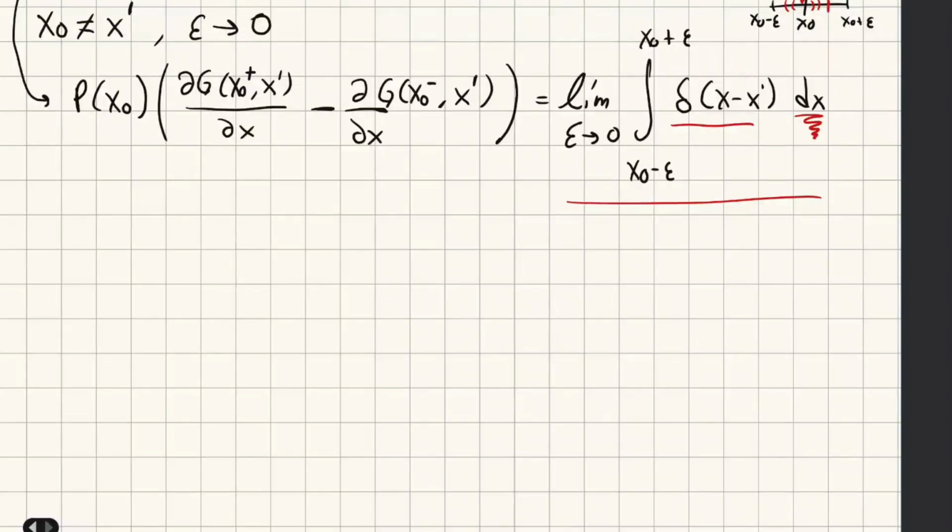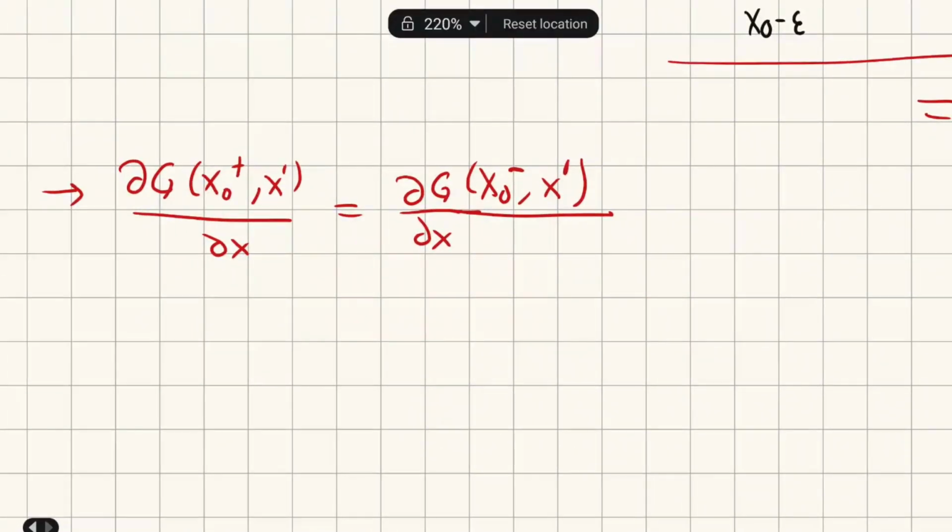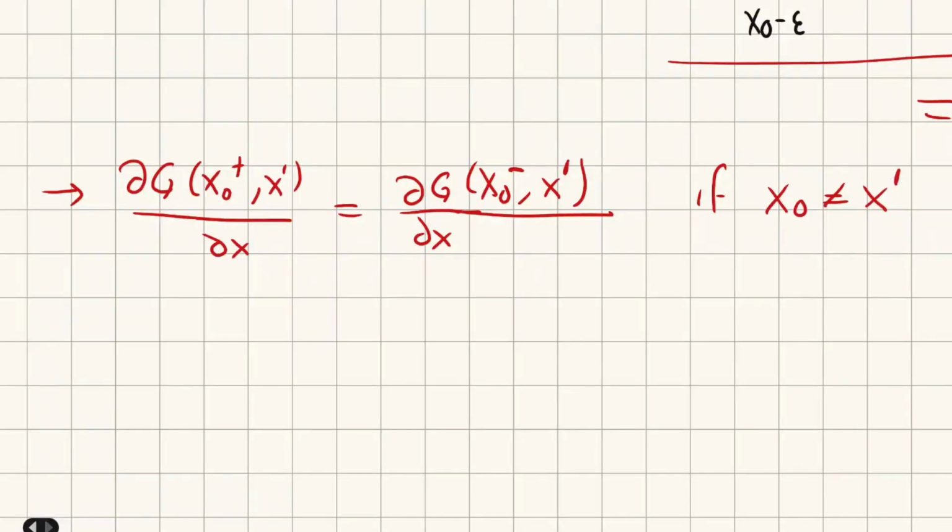Okay. So if this is equal to 0, we are going to get that the derivative of g evaluated at x0 approaching from the right is equal to the derivative of g with respect to x evaluated at x0 from the left, like this. So this is if x0 is different from x prime, okay?